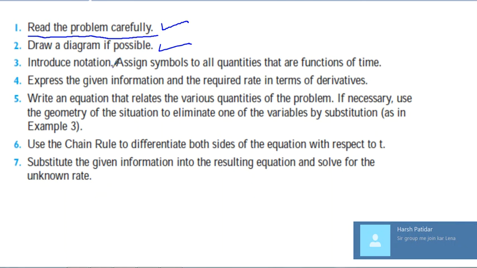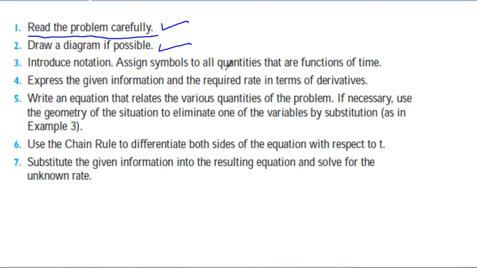Introduce notation. Assign symbols to the quantities that are functions of time. Then express the given information and required rate in terms of derivatives. Write the equation relating the various quantities of the problem. If necessary, use the geometry of the situation to eliminate one variable.